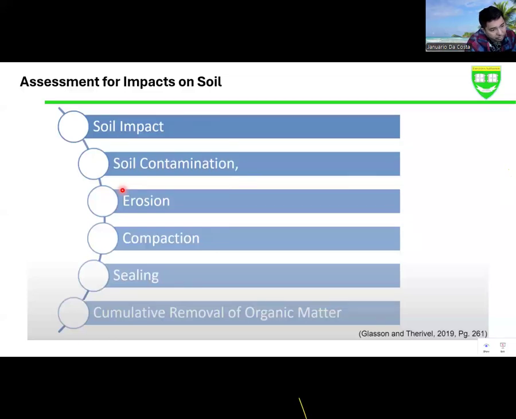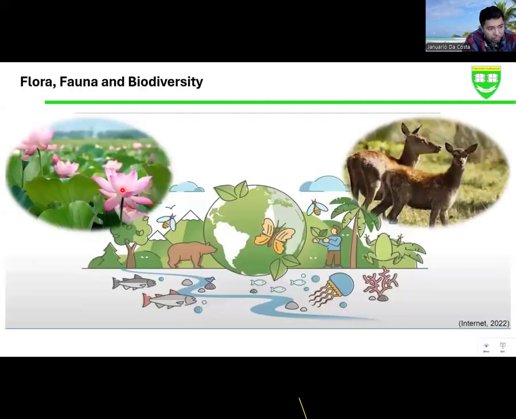Okay, another impact is for the flora and fauna and biodiversity. For example, flora and fauna and general activity are mostly impacted by specific projects.